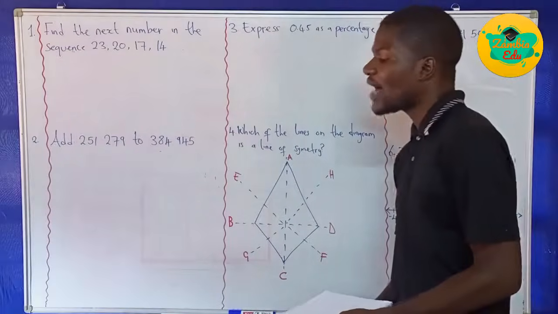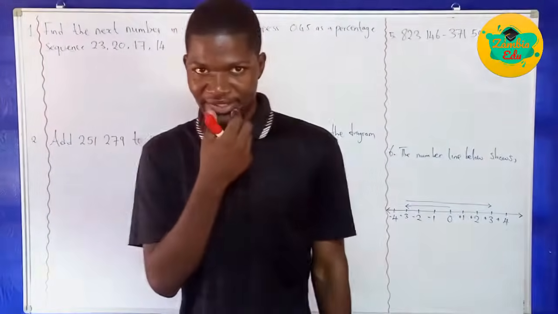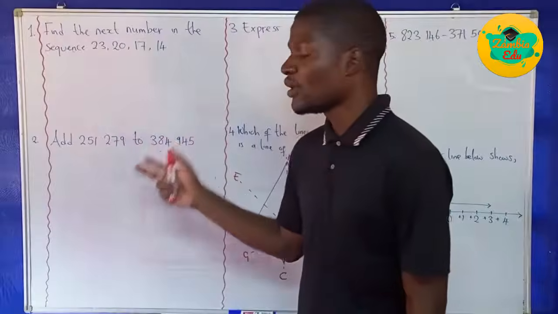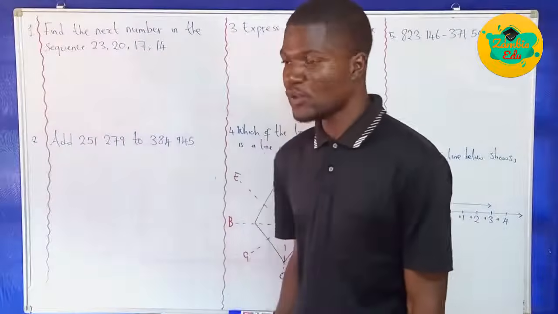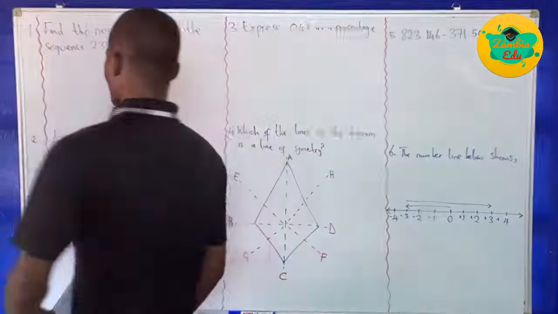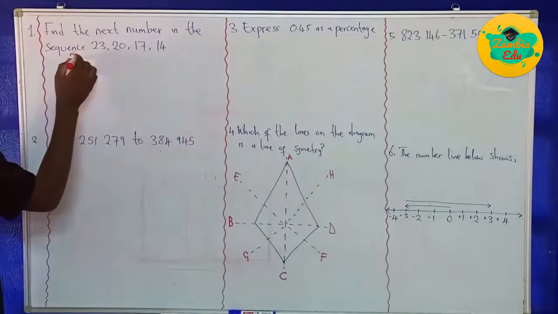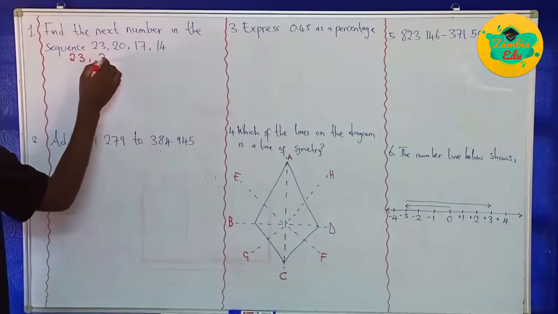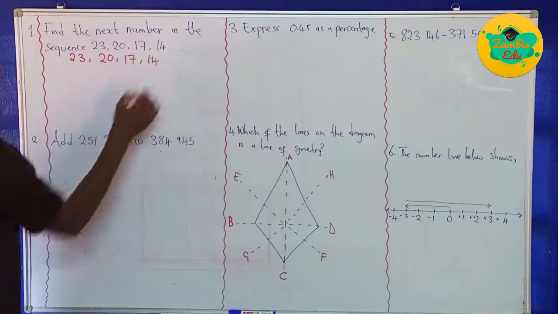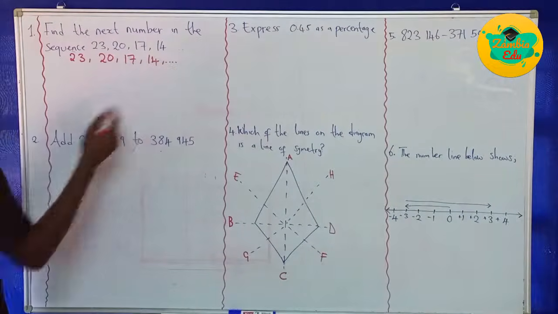So for us to be able to find the next number in the sequence, when you're dealing with sequences, you first and foremost have to know what pattern they were following. So let's study what we have been given so far: 23, 20, 17, 14. And like I said, we need to know the pattern.